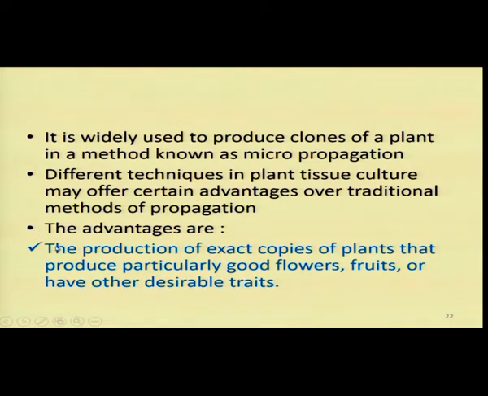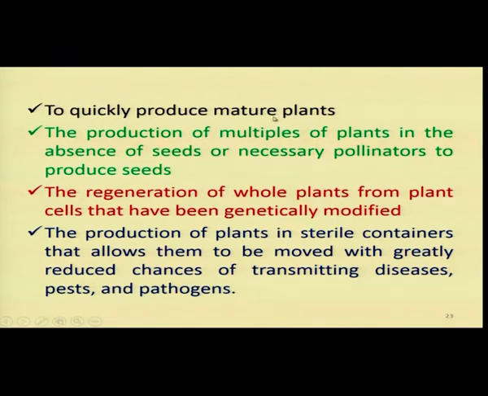The advantages are: one, you can produce exact copies of plants that will produce a particularly good flower or a fruit. To quickly produce matured plants, to produce multiples of plants in the absence of seeds. So if there is no sexual method of reproduction and seeds are not formed, then the plants have to be vegetatively propagated.